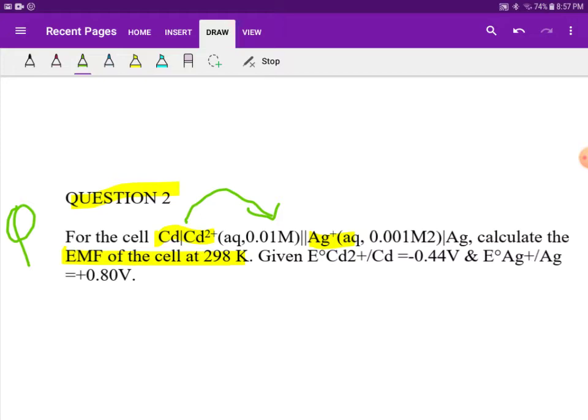You are provided with the standard EMF of cadmium, the anode, and the standard EMF of the cathode, the silver. That of cadmium 2 plus/Cd standard EMF is minus 0.44 volt, and that of silver/silver ion is plus 0.80 volt. Please try to carry out the problem.